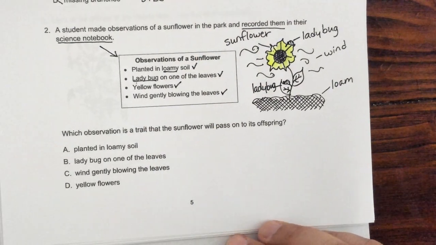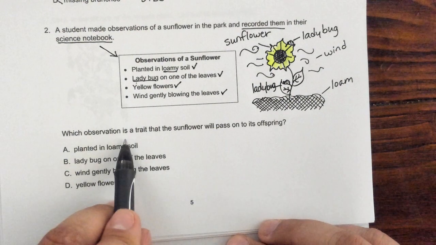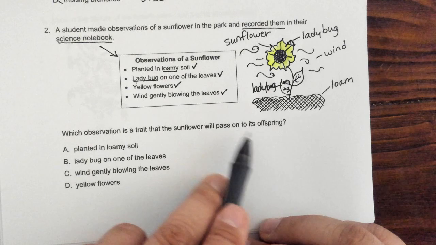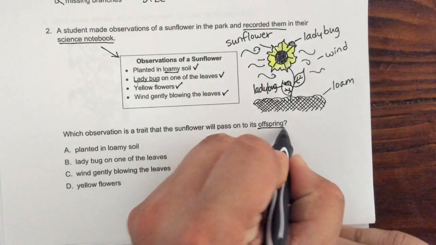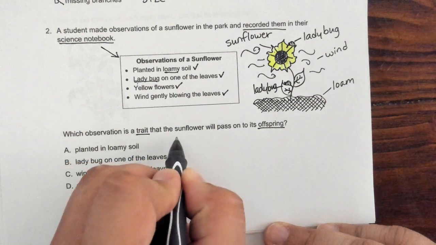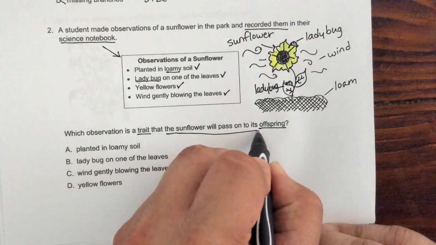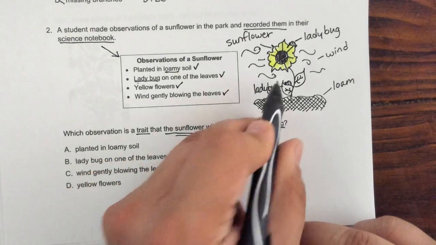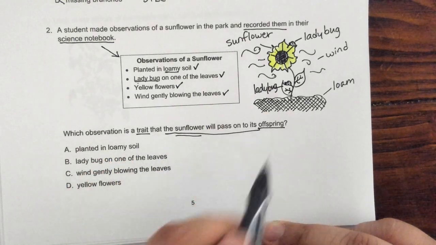So now the question's asking, which observation is a trait that the sunflower will pass on to its offspring? Okay, so we say trait that the sunflower will pass on to its offspring. So we have sunflower here, trait, and offspring.